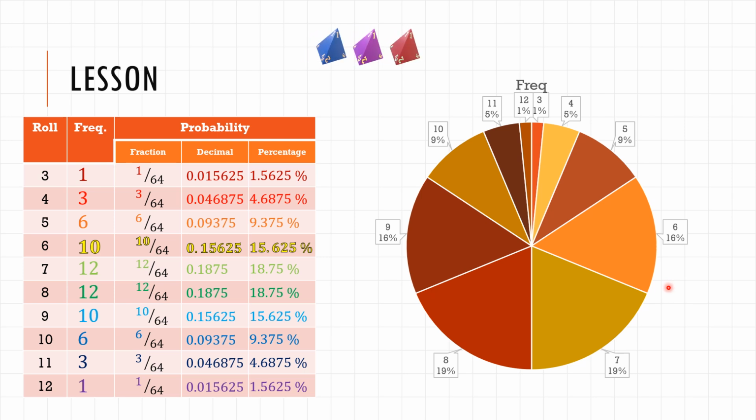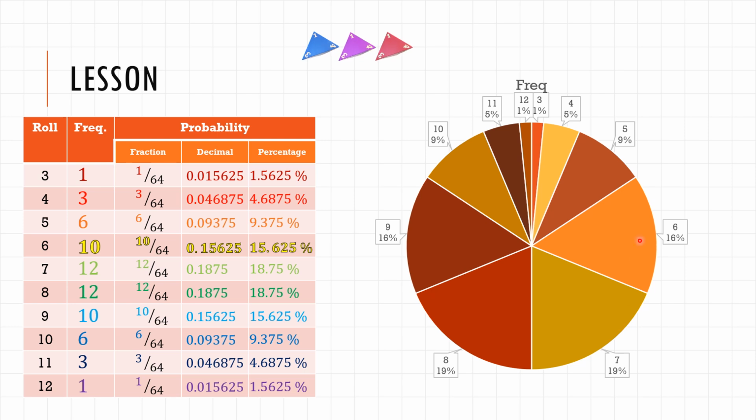Finally, similar to a column chart, the size of the slices are obviously telling us how likely one of these are to roll compared to the others. But what's different about a pie chart, something that the pie chart offers us that the column chart does not, is it represents to us that these numbers are all of the possibilities.